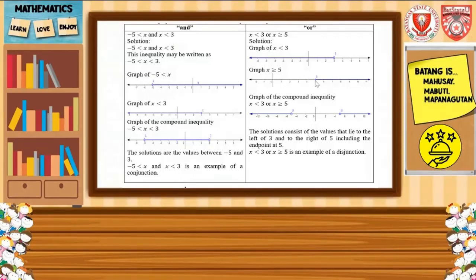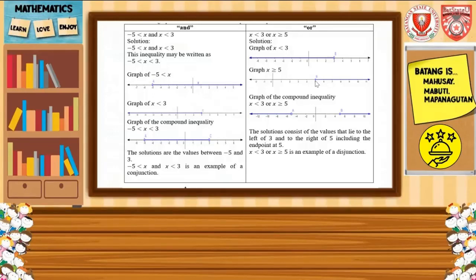So here is the graph of the compound inequalities. The solution consists of the values that lie on the left of 3 and to the right of 5, including the endpoint at 5. So that will be the solution of the two inequalities.